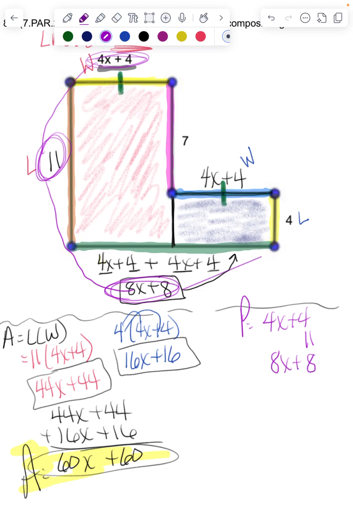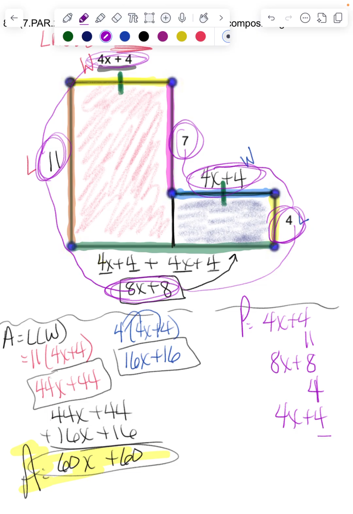Then we're going to come here and get that 4. Then we're going to come here and get that 4x plus 4. Then we're going to come here and get that 7. See how I'm doing that to make sure I pick up every single one I need? Then if I get it back up here, I'm done.